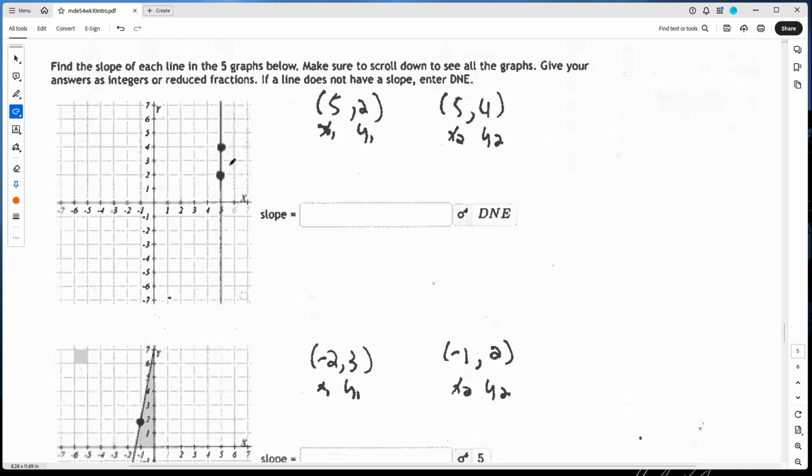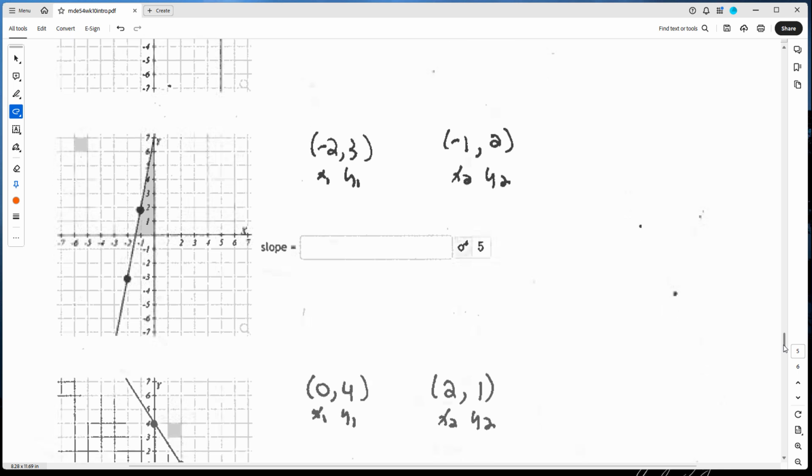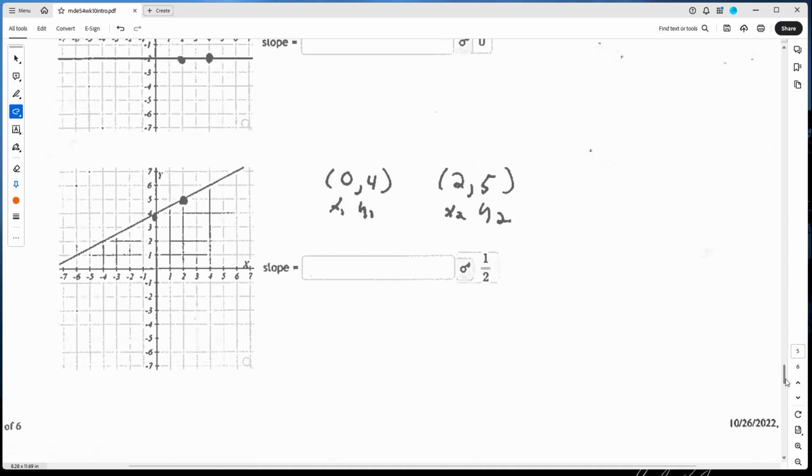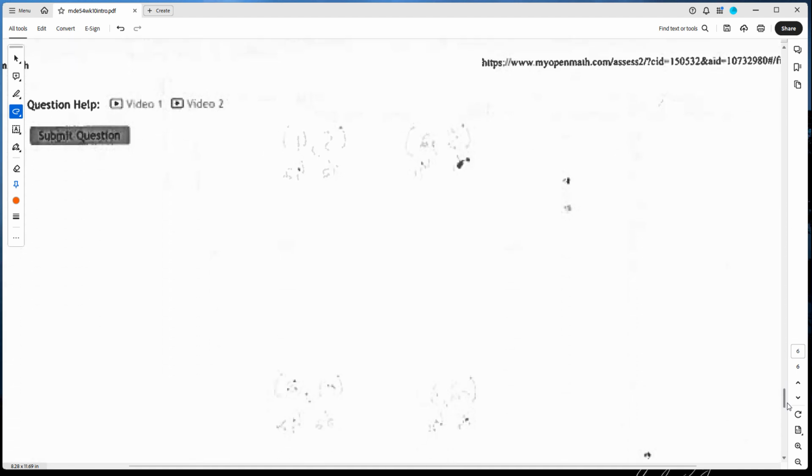The slope of a vertical line is undefined, so it does not exist for that first one. Then you go ahead and use your slope formula and find the slopes for these 2 points. I've already gone over how to find the slope of the points. And that is the end of that.